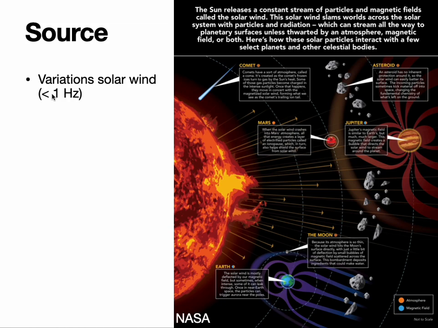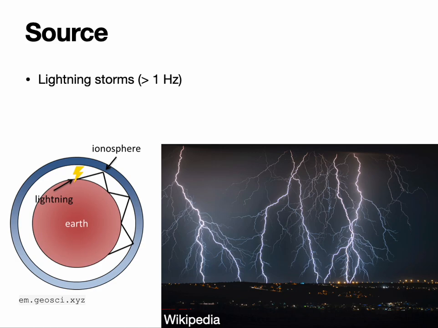You know that the sun is releasing a stream of particles which interact with the magnetic field of the Earth, and if there are massive explosions and fast or increased streaming of particles into the magnetic field, this can induce variation of the magnetic field, and sometimes they can also pierce through and trigger auroras close to the poles. So that's one of the sources of variation of the magnetic field.